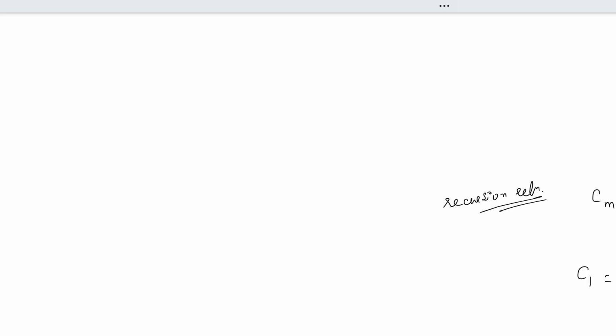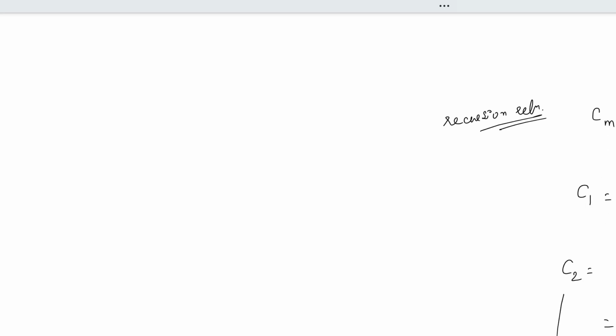Then you replace C1 by what you got earlier, that is C0 times alpha, which is alpha squared by root of 2 C0, which is this. Now in a similar manner you can find out that Cm is equal to alpha to the power of m divided by root of.